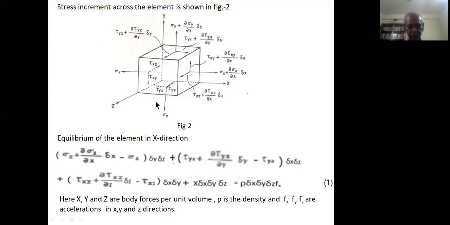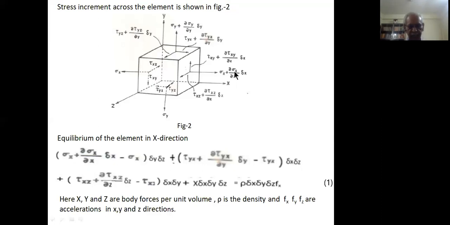Now look at the equilibrium of the element in one direction, say for example, the x direction. So there are three main stresses in the x direction: sigma x, tau yx or tau xy, and tau xz, which is not shown here. So what is the net stress on the element in the x direction?